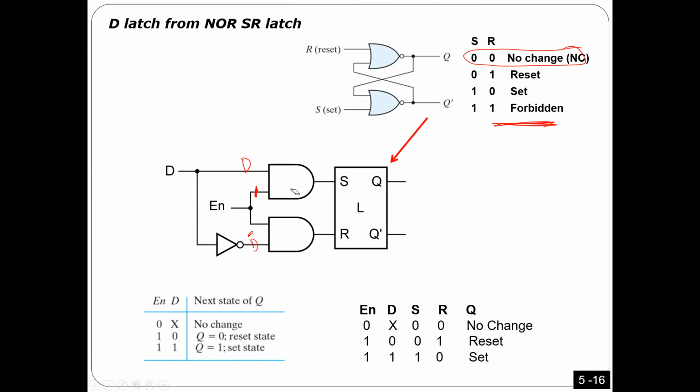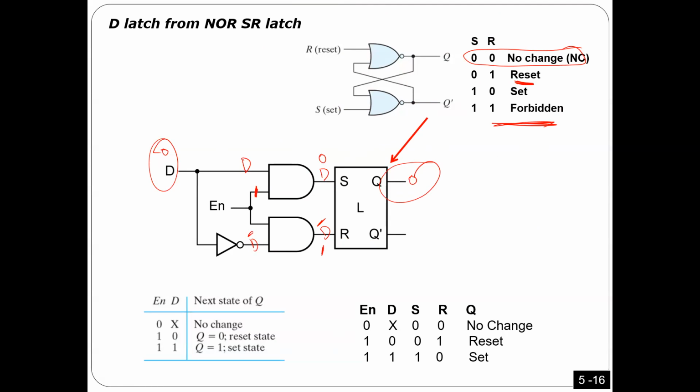If D is 0, you input 0 here and 1 there, and 0, 1 makes a reset to 0. That means if D is 0, Q is also going to be 0.